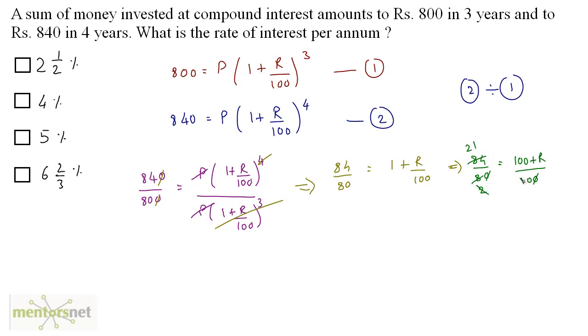And 2 times 5 is 10. So I have 21 times 5 equals 100 plus R. Therefore R is equal to 21 times 5, which is 105, minus this 100. So R is equal to 5%. So option C is the correct answer.